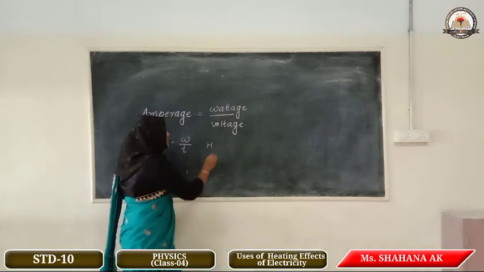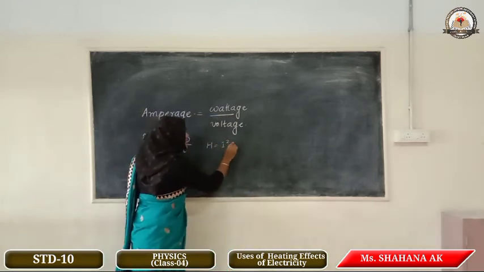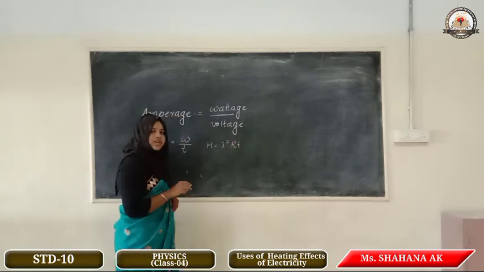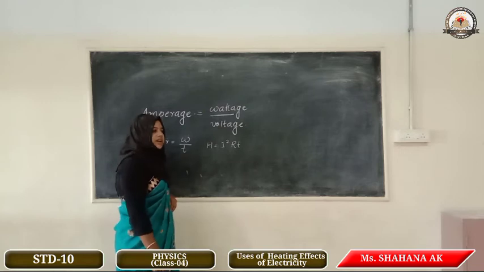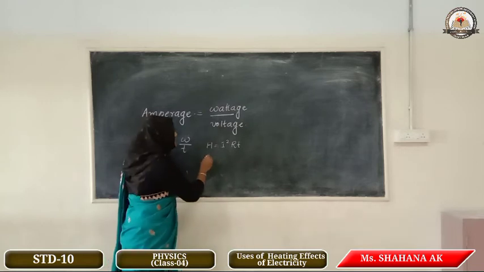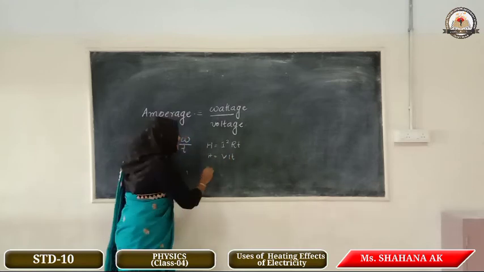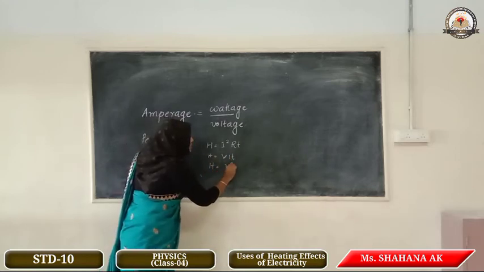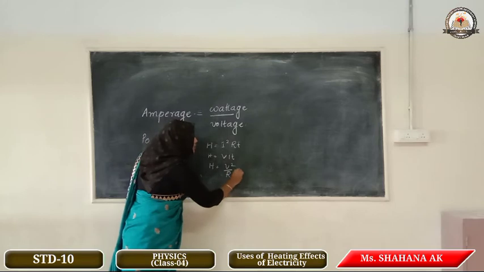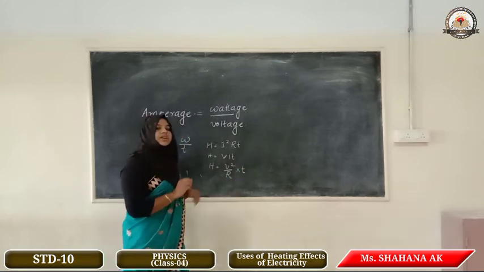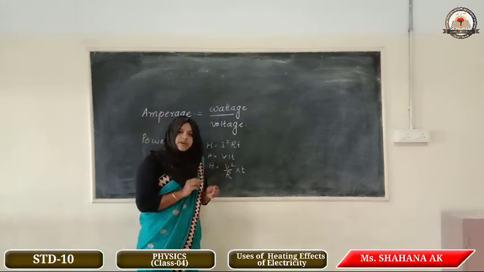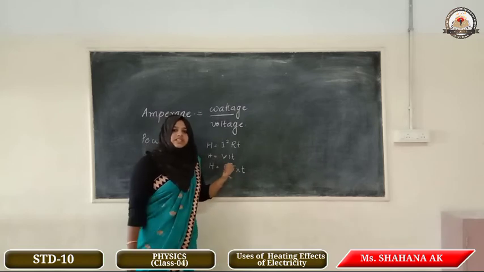Those equations are H is equal to I square RT. All of you say with me, which are the three equations to calculate the heat generated in a circuit? H is equal to I square RT, H is equal to VIT, and H is equal to V square by R into T.